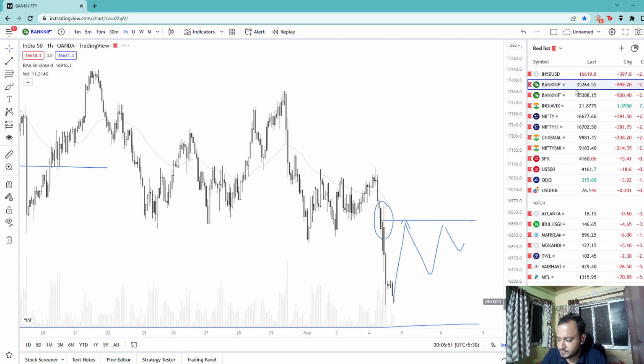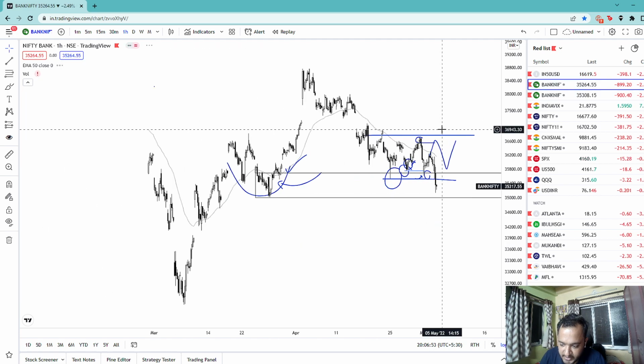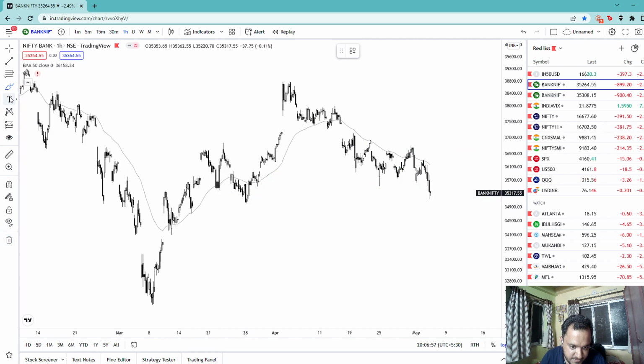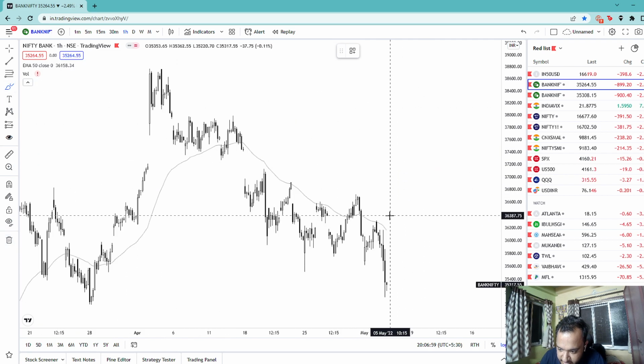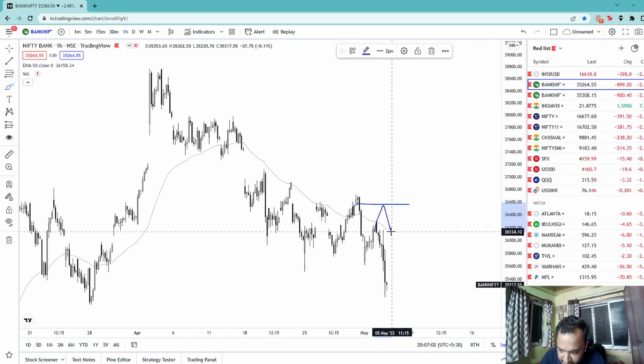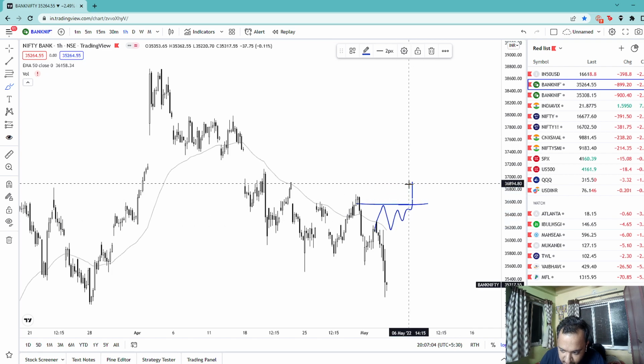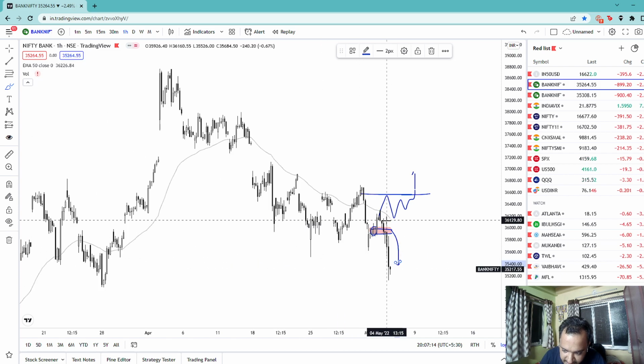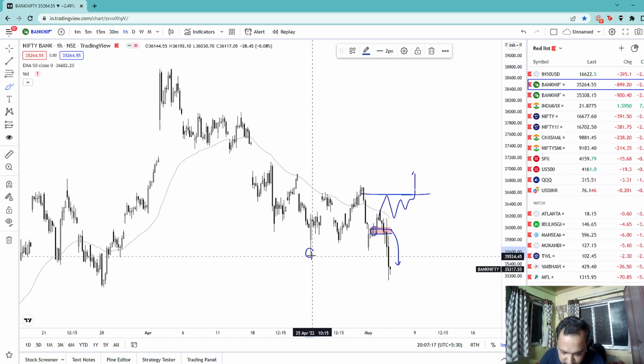So on Bank Nifty, again, we were talking about this very strong demand zone. What I was expecting was it to test up this supply, and then if it sets up, we would start taking long trades, but that did not happen. We started breaking down below this intermediate demand zone, these bunch of candles right here, and from there on it was a one-way fall, because this low was already tested multiple times.